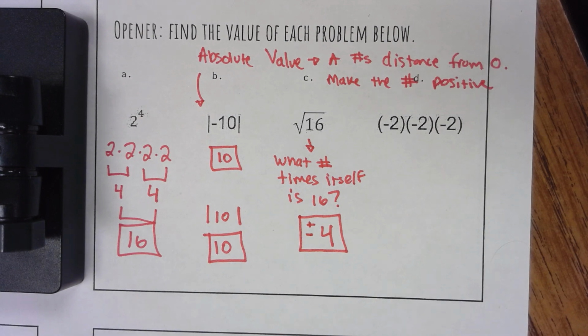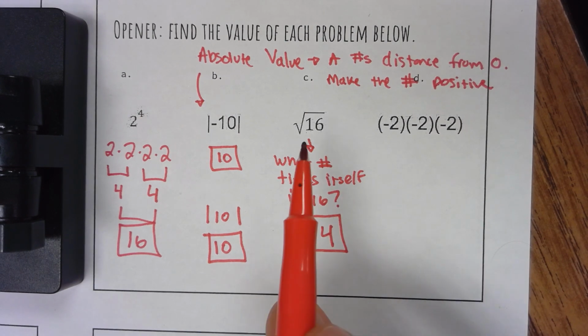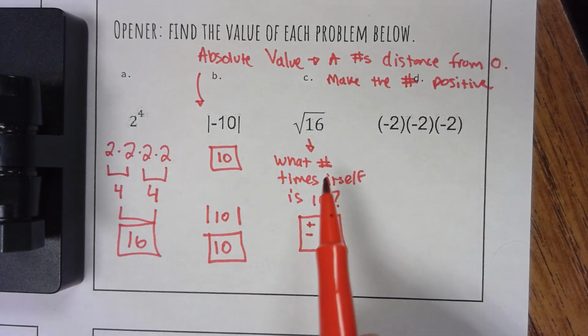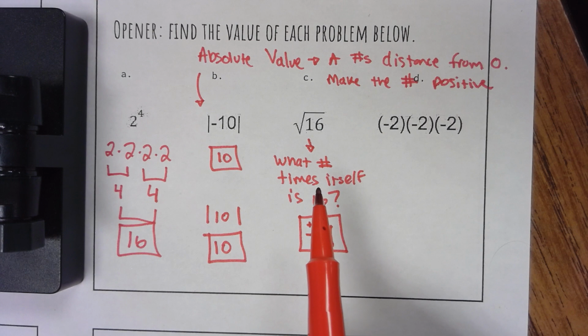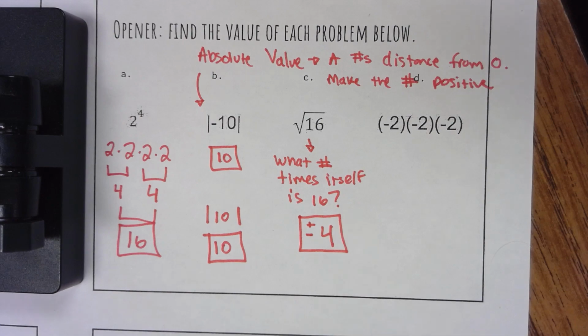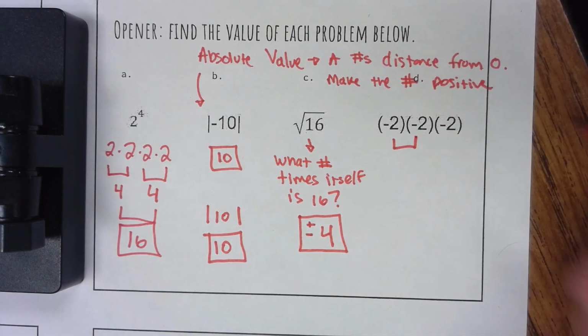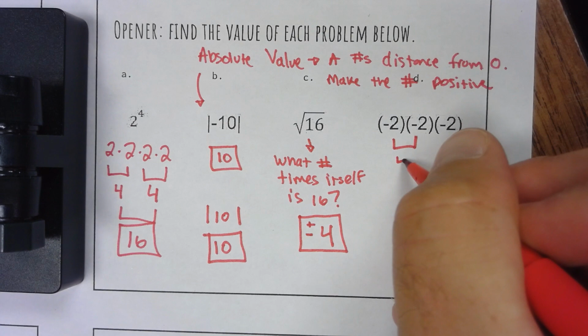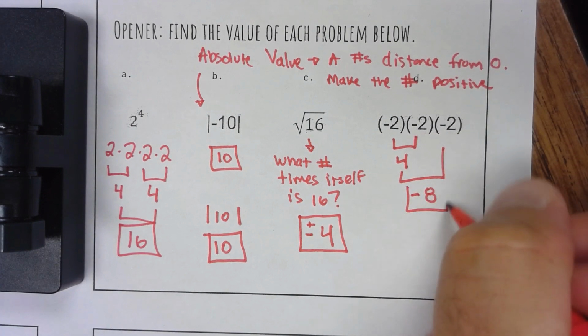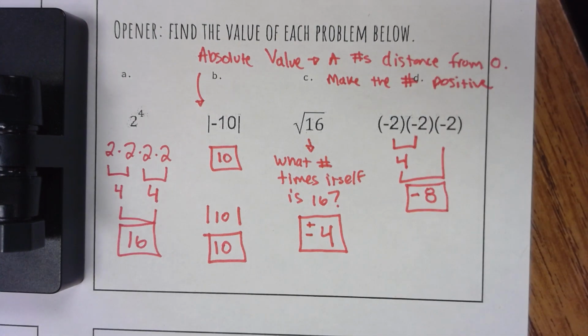A lot of times we'll only take the positive number here, but I do want us to have it on our radar that if we're thinking about one number times itself is 16, that is positive 4 and negative 4, because the negative times a negative gives us that positive. All right, and the last multiplication here, negative 2 times negative 2, that's 4. 4 times negative 2 is negative 8. Multiply two things together, and then the product of that times the third number.